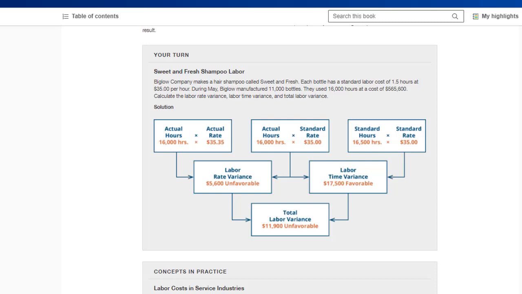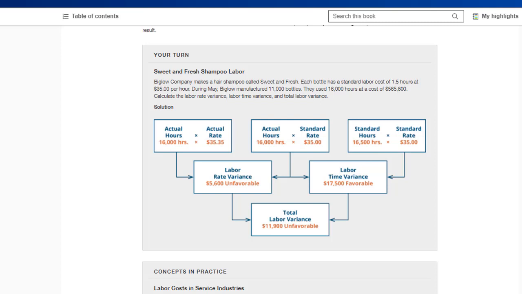The bottom line is the middle boxes, that middle row, is correct. The top row of three boxes is also correct. The number in that bottom box on the third row is the net impact of a $5,600 negative impact and a $17,500 positive impact.